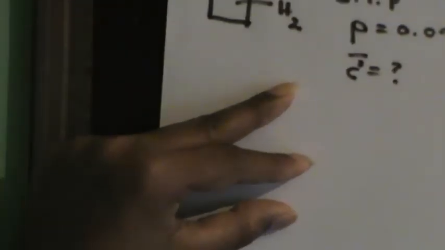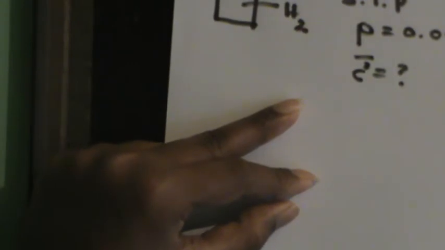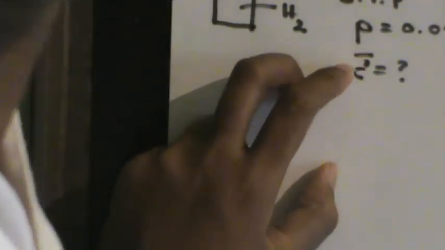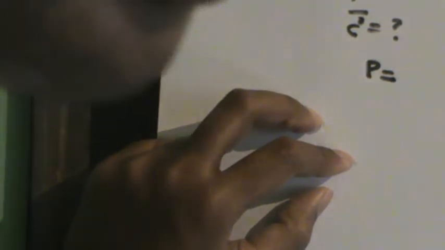the mean square velocity of this gas, c squared bar. So if this is at STP, you know that the pressure of the gas you'll take to be 1 into 10 to the power 5.